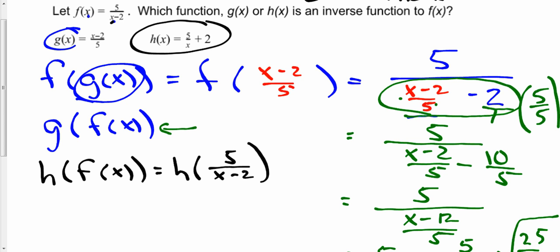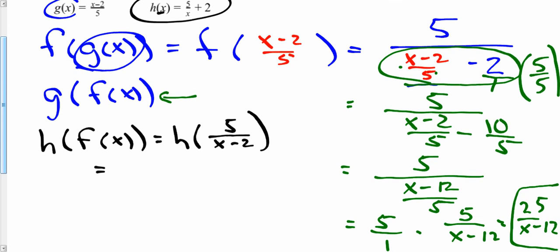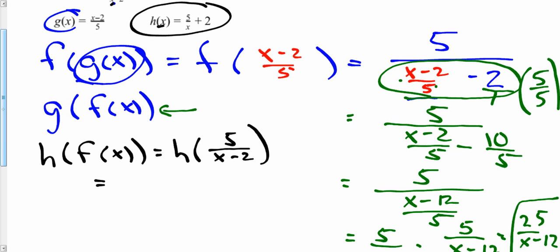And what does h tell me to do? Whatever is in the parentheses, I divide 5 by it, and then I add 2. Yes. H tells me to do what to x? Take x. Divide 5 by that x. And add 2.